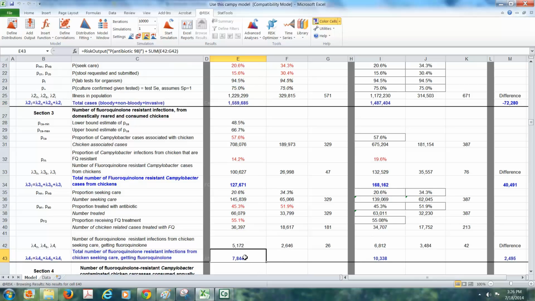That's the number that we're after. And that is about 8,000 people out of that total 1.6 million. But of course, there's a lot of things that are unknown to us.